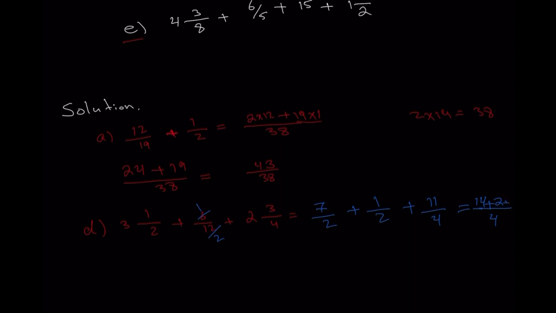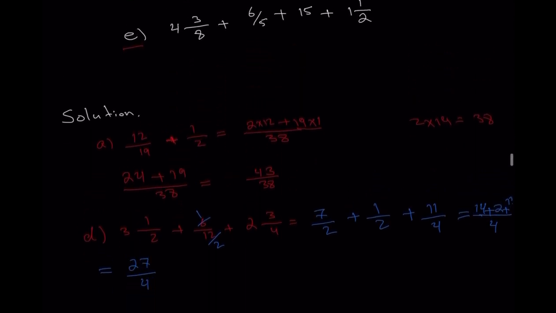Add this sign there. 4 divided by 4 is 1, 1 times 11 is 11. Simplify this, it will be 14 plus 2 plus 11. 14 plus 2 is 16. 16 and 11 is 27 over 4. That is our D. Now let's solve E.